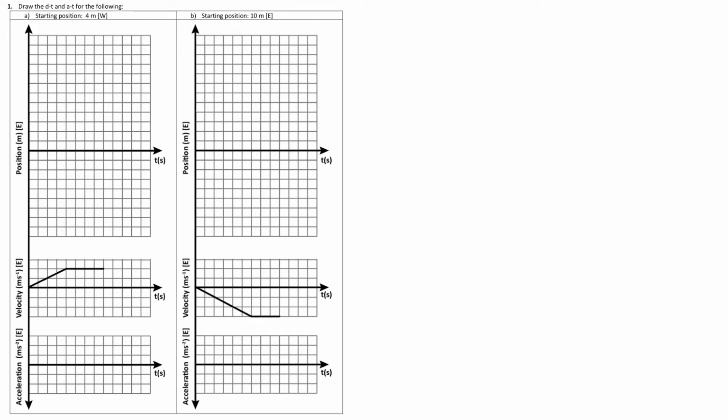Okay, first, I find it easiest to go from velocity time to acceleration time. First, in this particular case, we have to find rise over run, or the slope, in order to get the acceleration, and the acceleration is constant throughout this whole region.